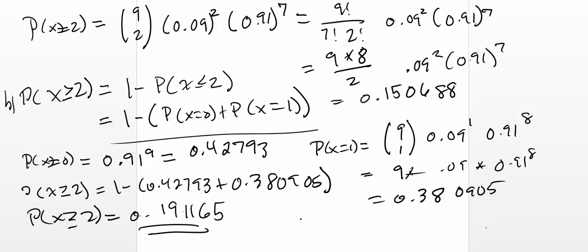Lastly, the last part of this problem, we were asked to find the expected value of x. That's equal to the mean of the number of bullseyes shot with 9 arrows.